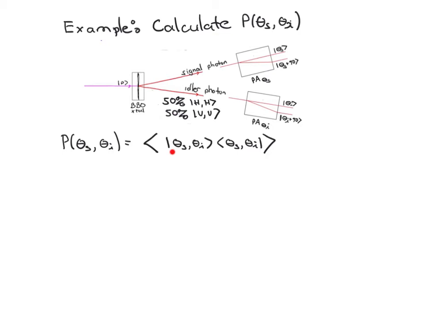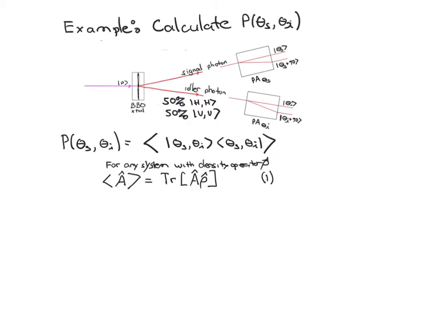And to do this calculation, we're going to make use of the projection operator. So this entity here is the projection operator onto the state theta sub s comma theta sub i. And we're going to make use of the general fact that we can calculate this joint probability just by taking the expectation value of the projection operator.